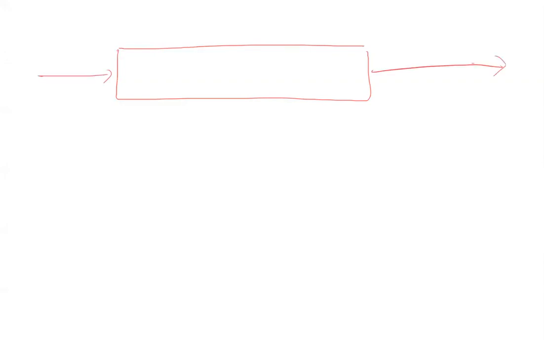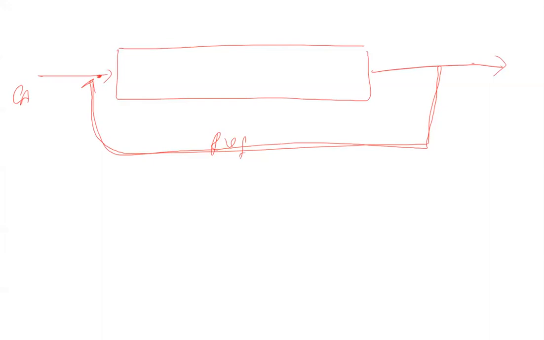What is the performance equation for this one? There is a small derivation. Whatever PFR you have taken here, you are recycling here. This RVF will give some conversion here, because there is B coming along with A. So CA naught, FA naught and V naught at the inlet; CAF, FA1 and VF at the outlet.